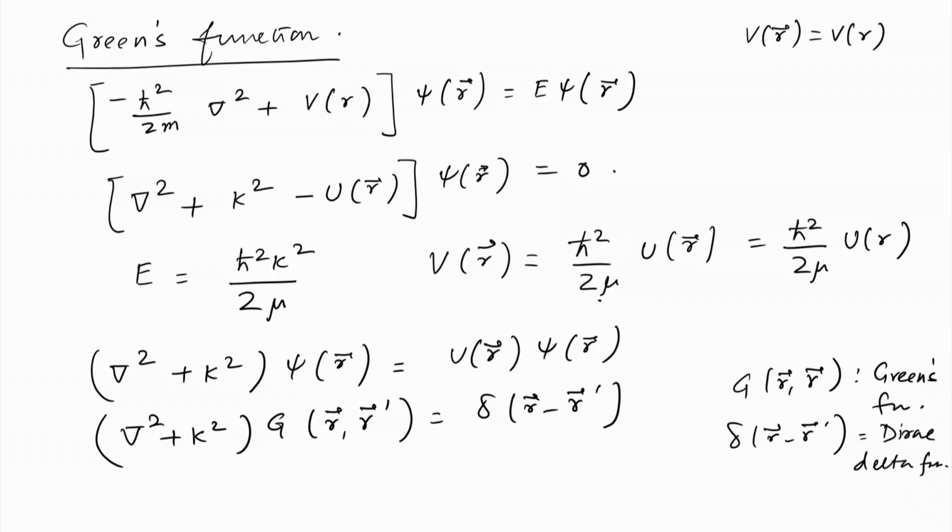Okay. So, G of r r prime is the Green's function of the operator del square plus k square. All right.